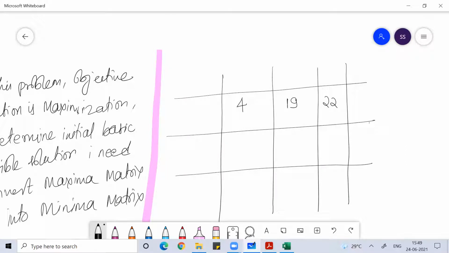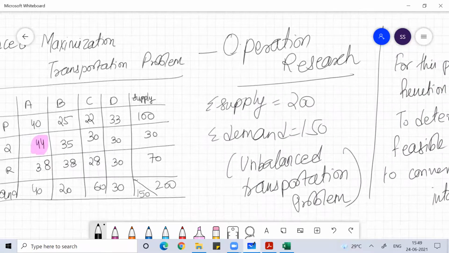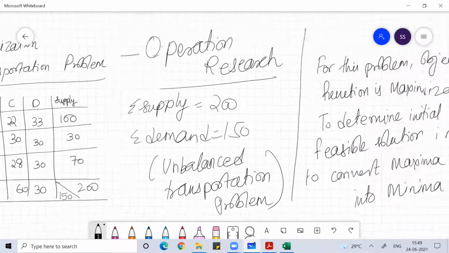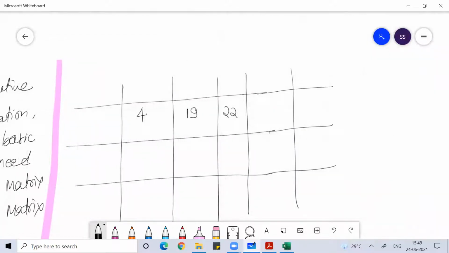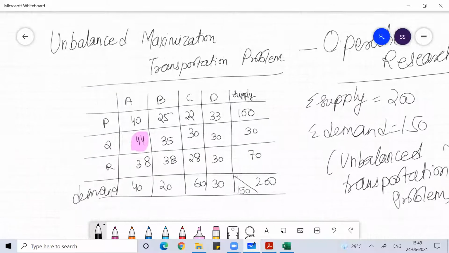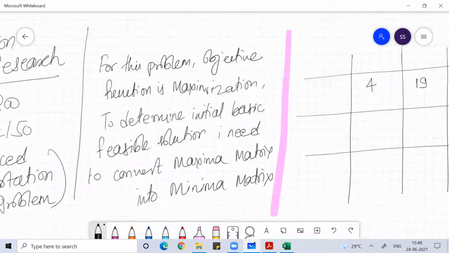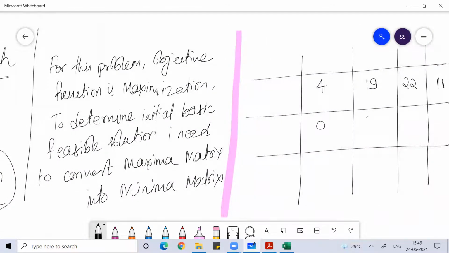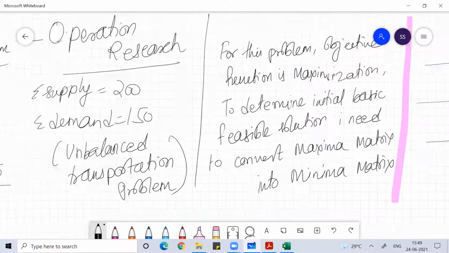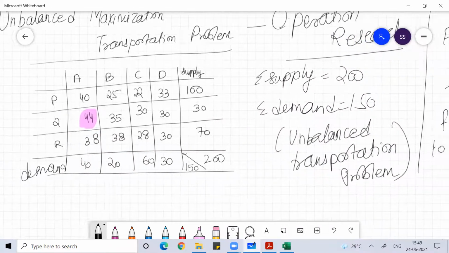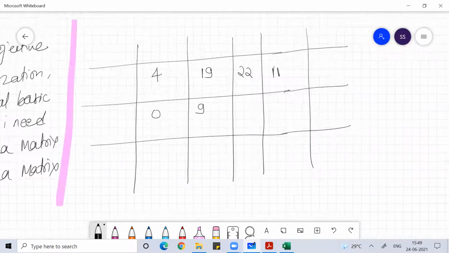Then 44 minus 33 would be 11. Then 44 minus 44 is 0. 44 minus 35 is 9. Then 44 minus 30 is 14.